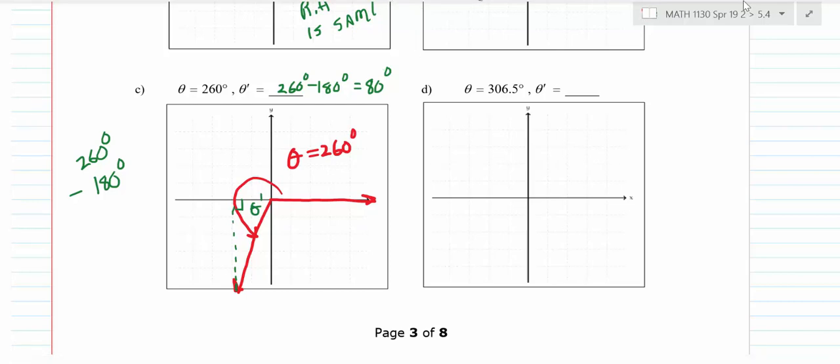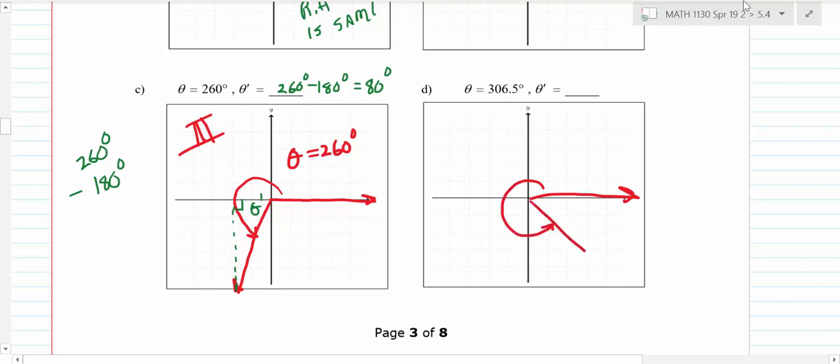And then the last one would be if you're in quadrant 4. So again, we'll do the same thing. Start there at the positive x-axis. You terminate somewhere in quadrant 4. And again, your reference angle is drawing straight up to the x-axis. Theta prime is that angle right there. So what would you do to figure that out? Yeah, all the way around the circle's 360, right?